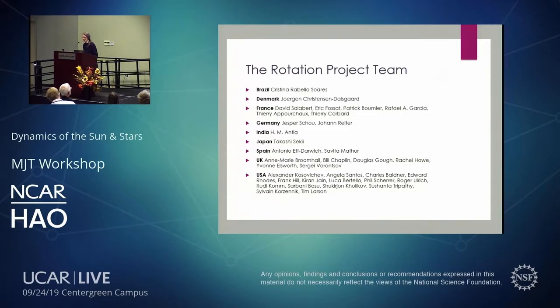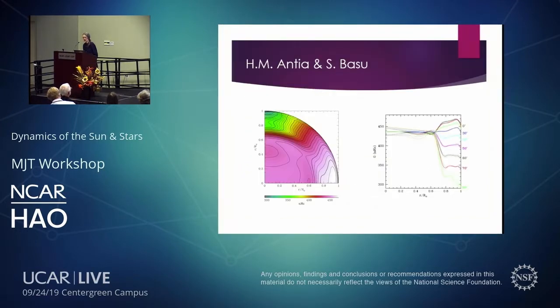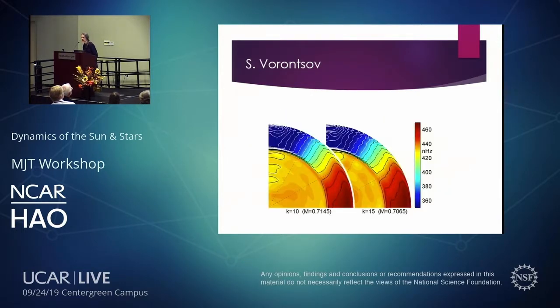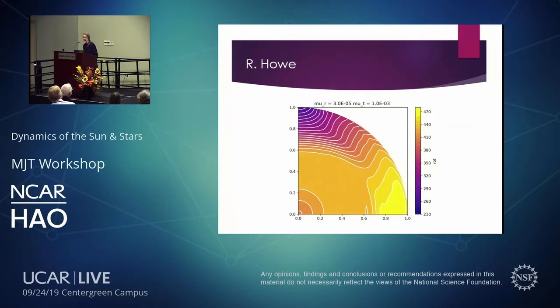So I invited colleagues to send me their inversions, and this one is from Antia and Basu. Beautiful plots. So there's the rotation as a function of radius at different latitudes plotted. Sergei Vorontsov sent me these very beautiful plots. And this one's mine, which is rather blander than the others.